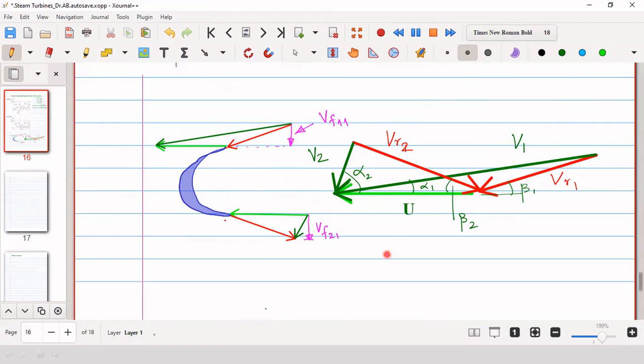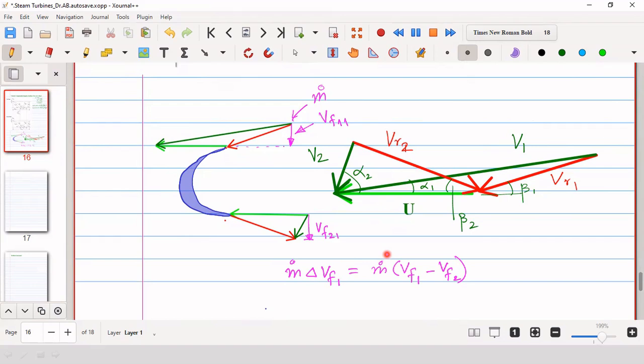So here it is coming with m dot into Vf, and then it is leaving with, so it will be m dot into delta Vf1, that is equal to m dot into Vf1 minus Vf2.